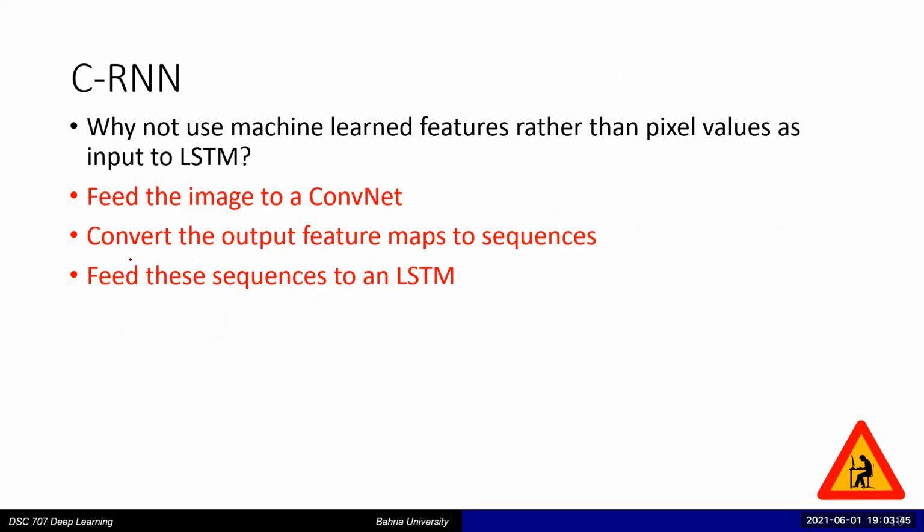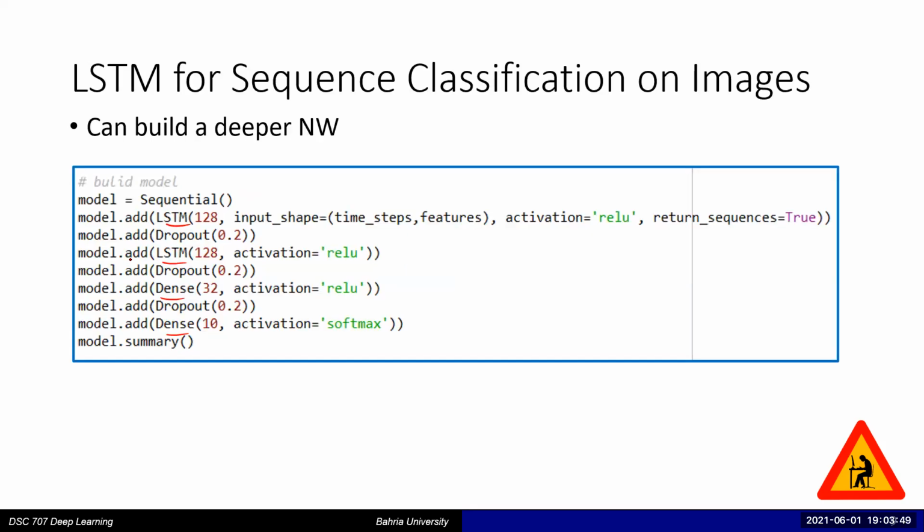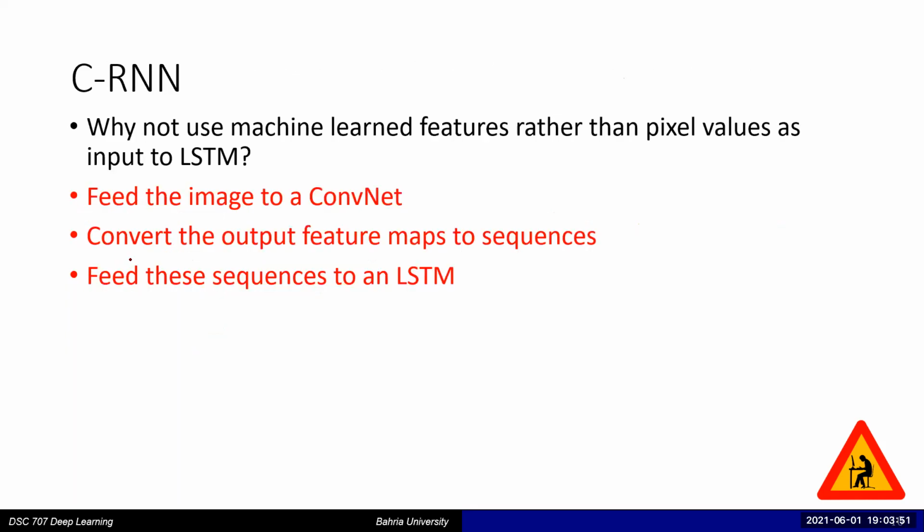Now, another improvement could be this: when we are making this LSTM, we are feeding the image directly to the LSTM. And we know that whenever we are dealing with images, if we first perform convolution, it gives us something better than raw pixel values, right? So there's a combination which is very, very common, called CRNN.